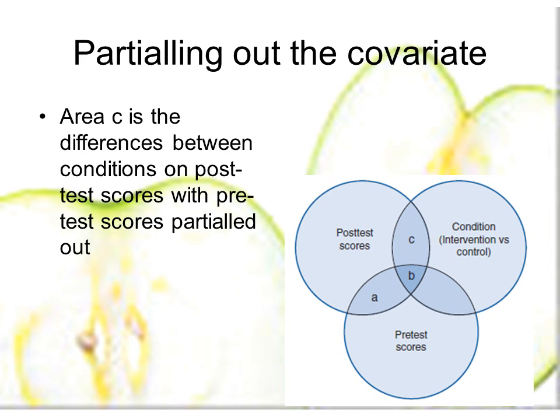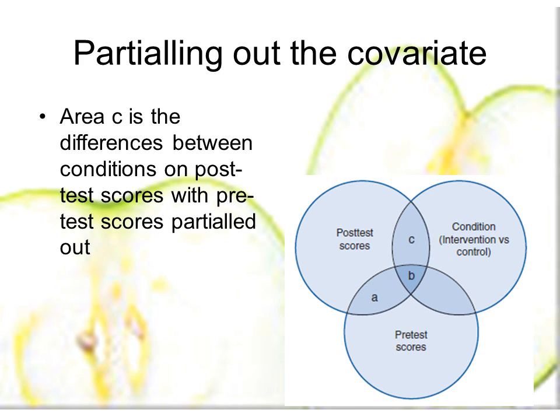So partialing out the covariate is something very basic. This diagram is on page 445 in your textbook. If you look at the diagram, we look at the pre-test scores, so we assess the individual's knowledge before the intervention, and that's represented by A. And then moving up to the right, we have the intervention versus the control group, and that is with the condition itself.